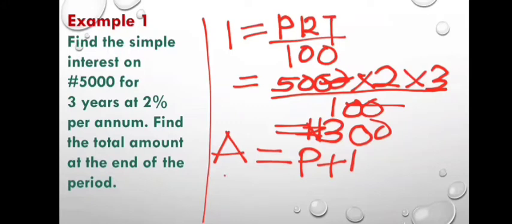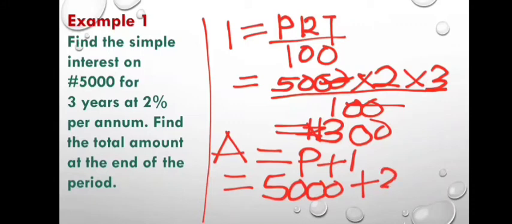The principal here is 5,000 naira plus the 300 naira, and that gives us 5,300 naira. As you can see, that is the amount at the end of the period. I hope that was clear.